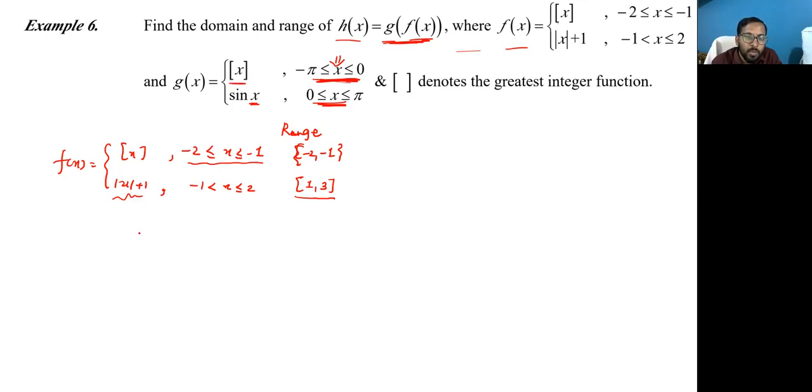So g of f of x equals x for -2 to -1 and sine of mod x plus 1 for x belongs to -1 to 2.